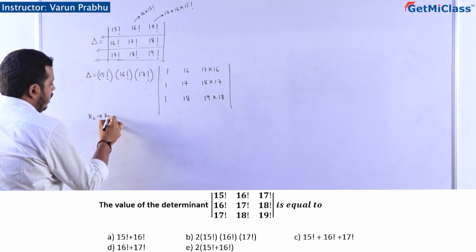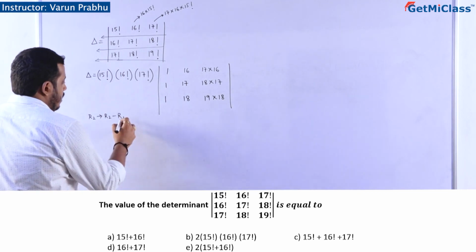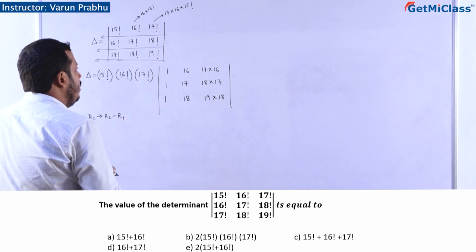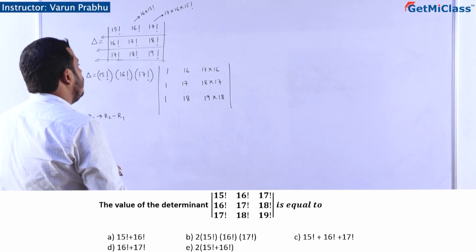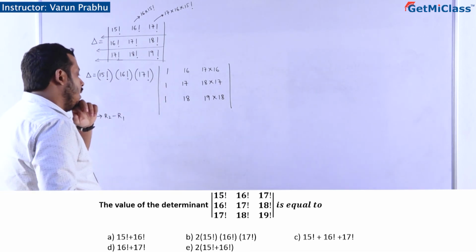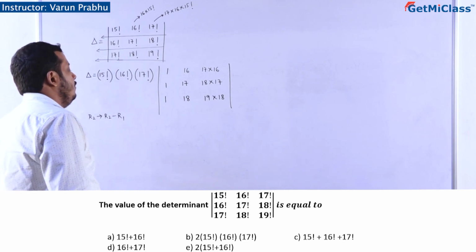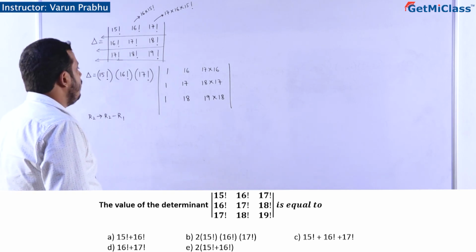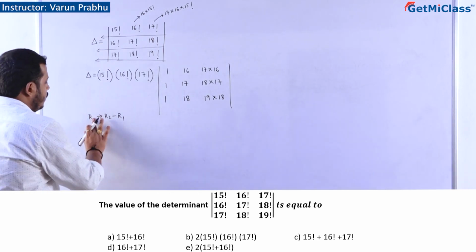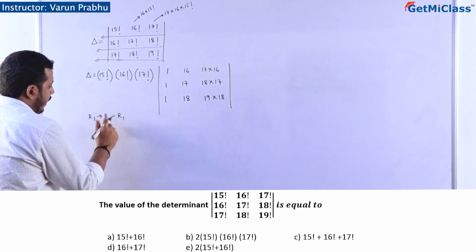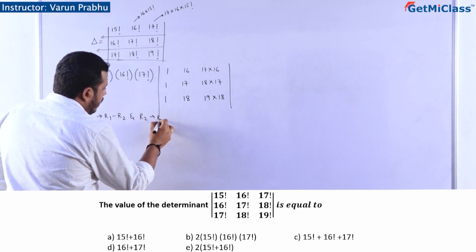R2 transforms to R2 minus R1. Or R1 transforms to R1 minus R2, we'll do it like this, and R2 transforms to R2 minus R3.